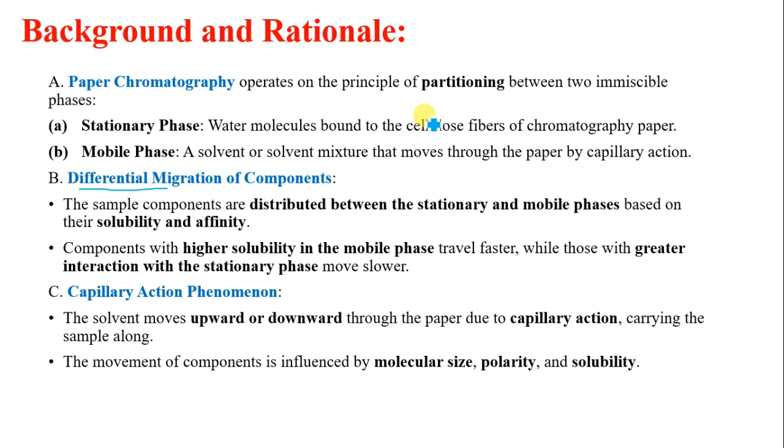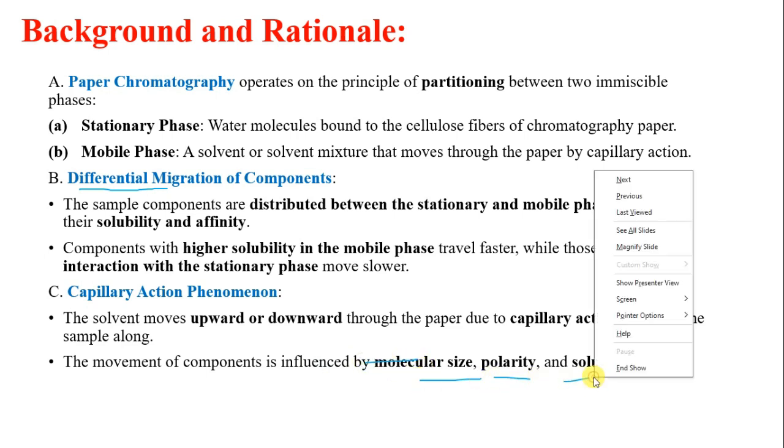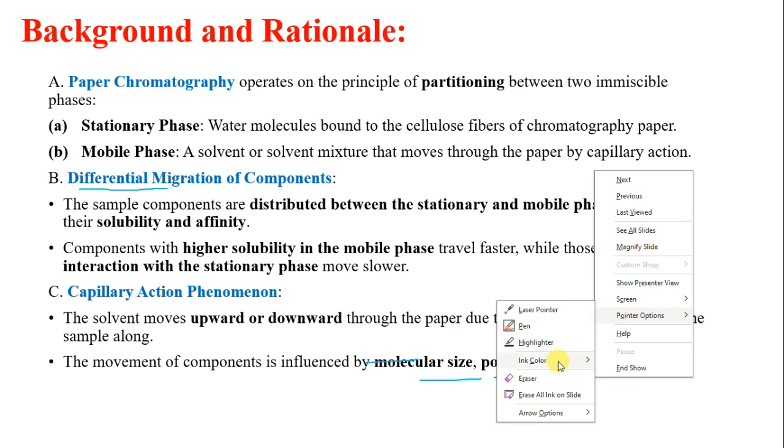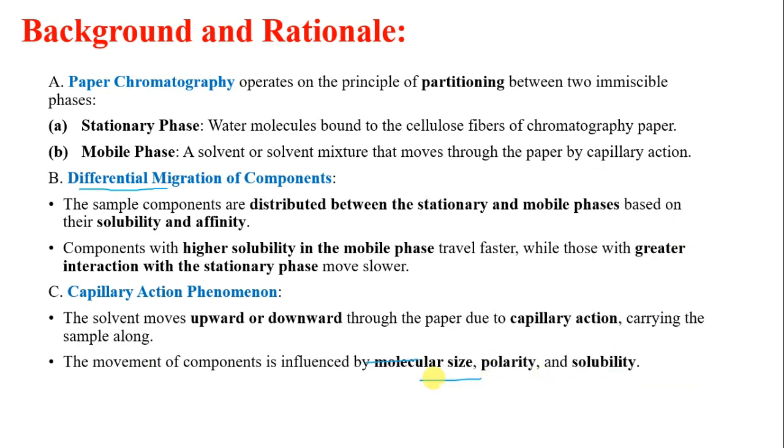The opposite occurs when compounds have higher affinity towards the mobile phase. So it depends on three factors: molecular size, polarity and solubility. These are the factors which influence the migration and the ability of the compounds to be separated from the mixtures.